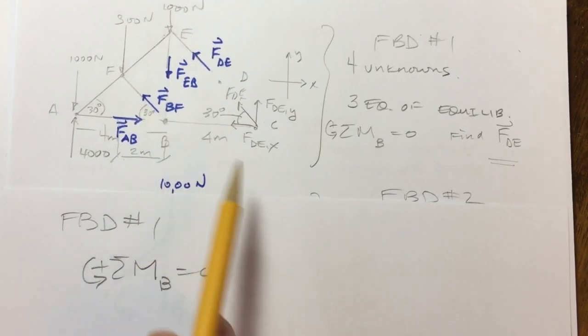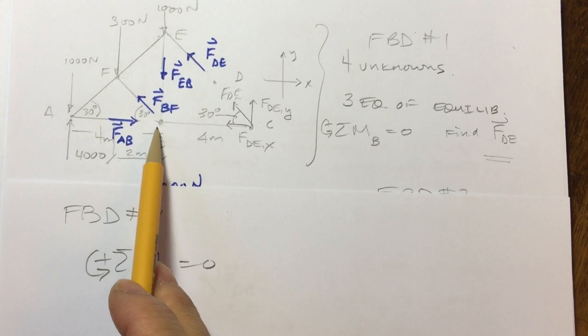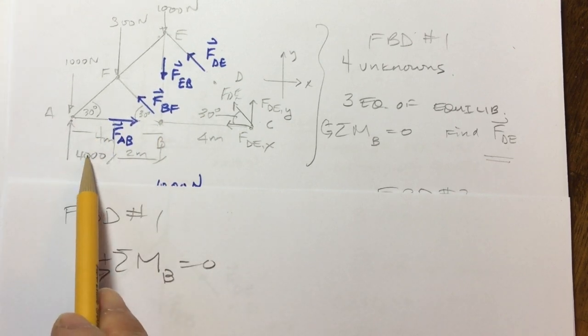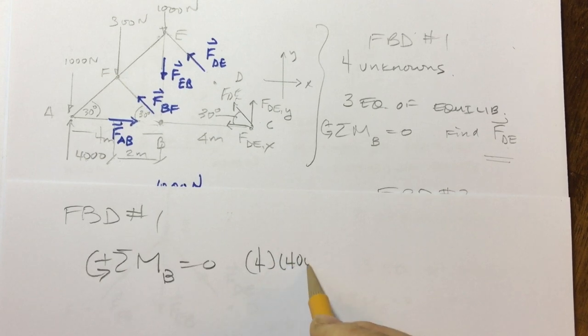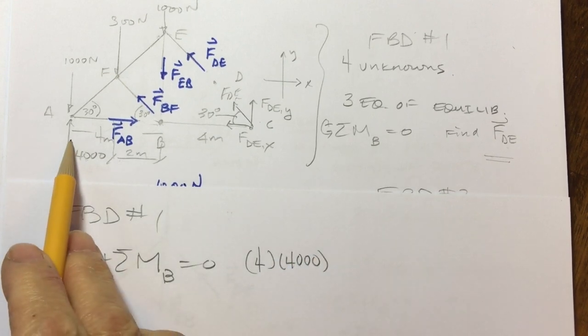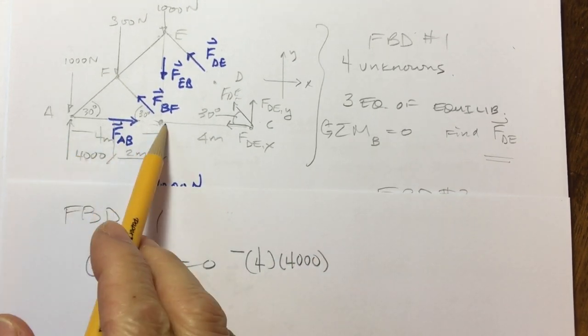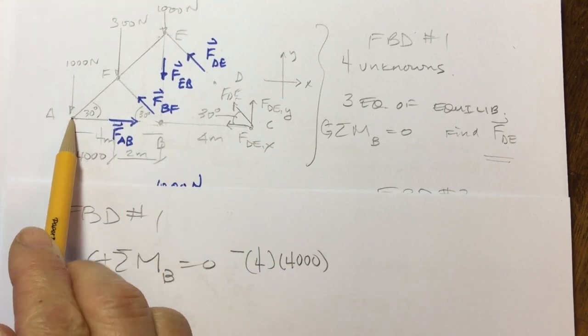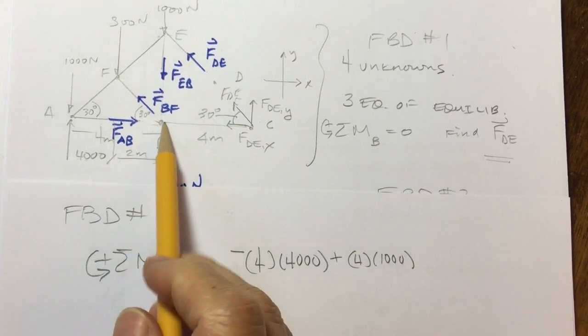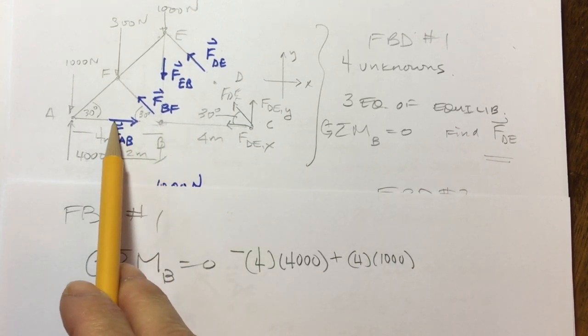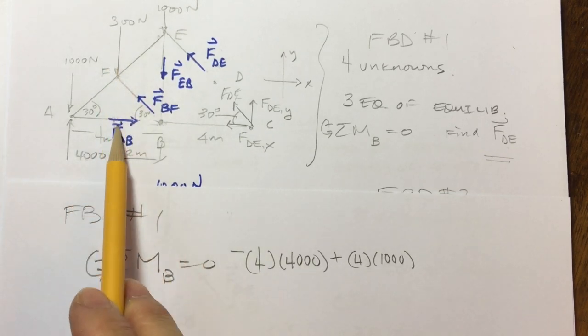So I would have the moment arm 4 meters times 4,000. And that'll be a negative moment. 4 meters, that would be the moment arm, times 1,000. That would give me a positive moment. 2 meter moment arm times 3,000.